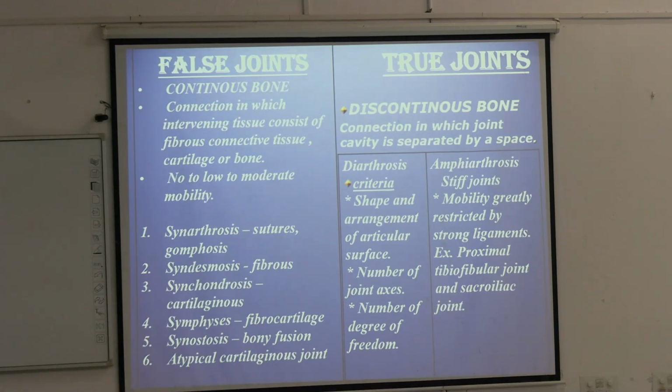Now you see the tibiofibular joint on the lateral aspect. It's just over here. The head of the fibula, the lower end of the fibula, gets joined there, but that doesn't have much mobility. Okay?